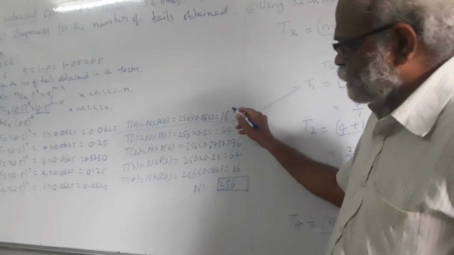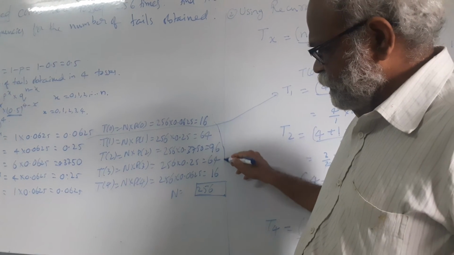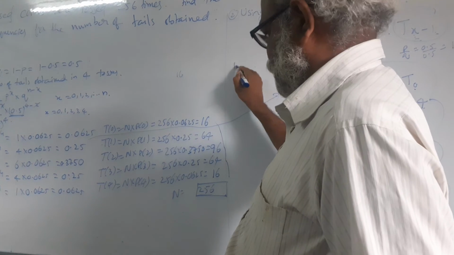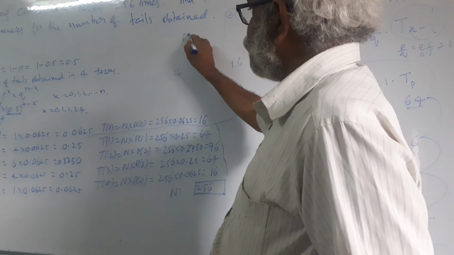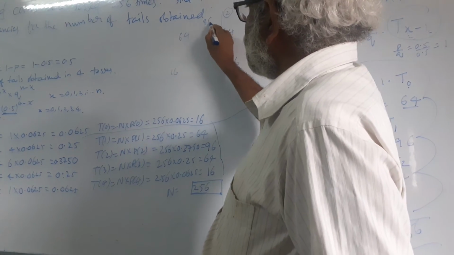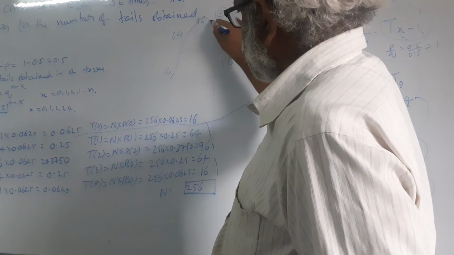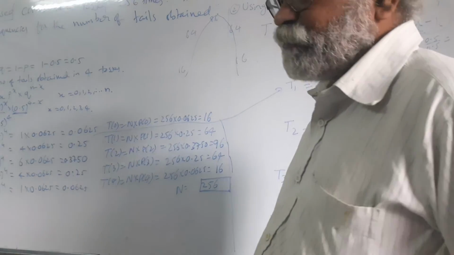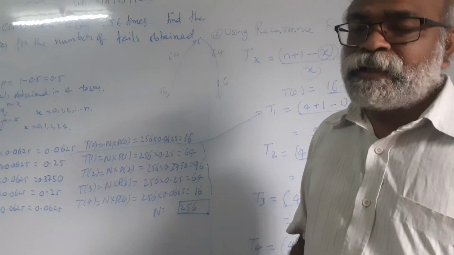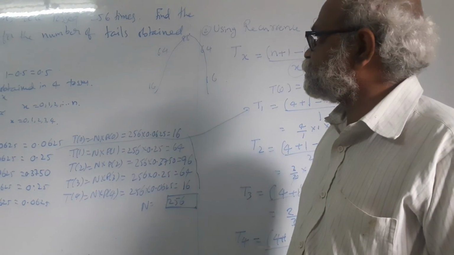You observe this: 16, 64, 96, 64 and 16. If you plot a graph for this, it will be a symmetrical curve. So mean, median and mode will be equal for this kind of distribution.